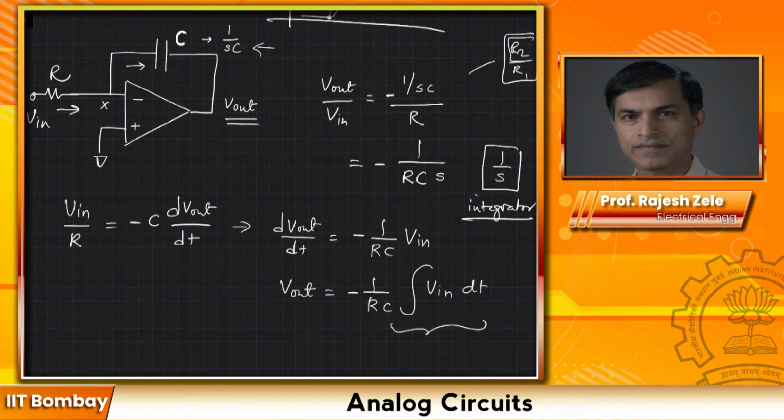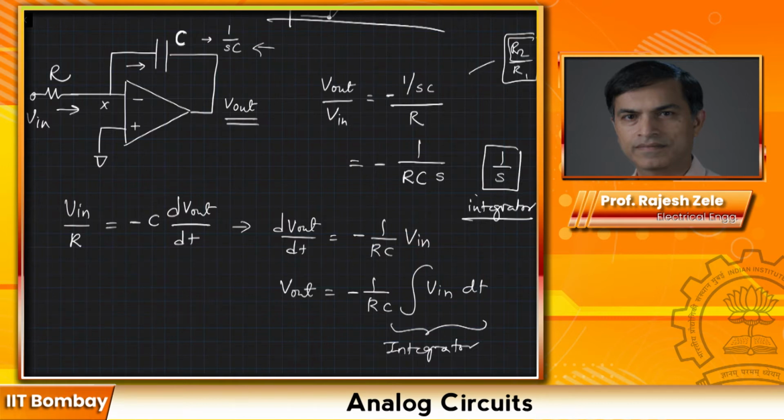And this is the integrator operation that we are all familiar with. So this is all kind of review for you, but I'm going through it intentionally a little bit slowly in case your basics are a little bit rusty. So go through this one more time if you have forgotten.